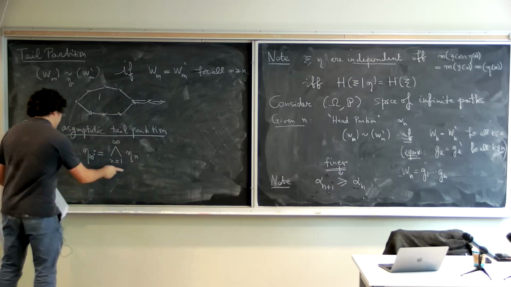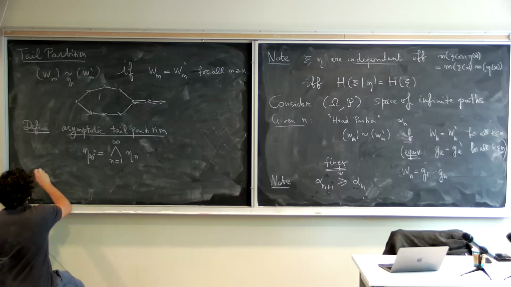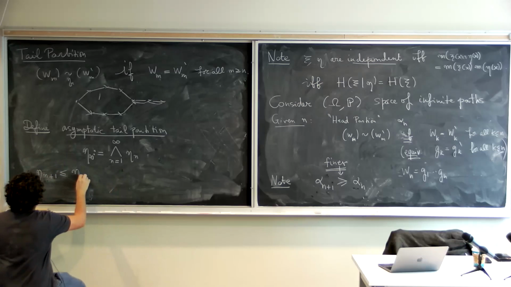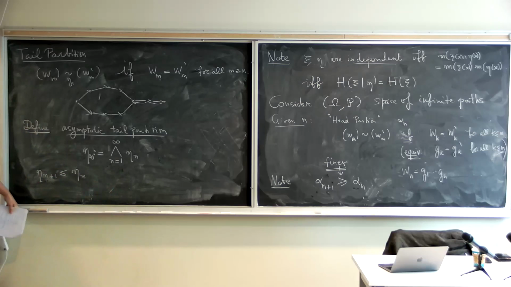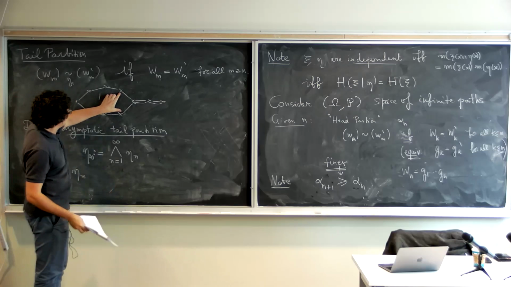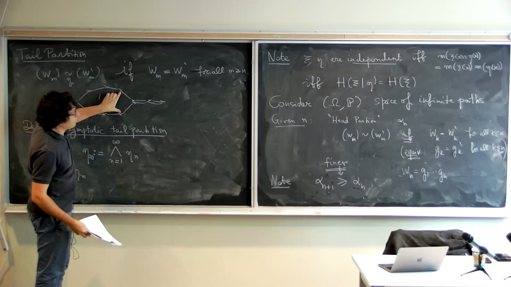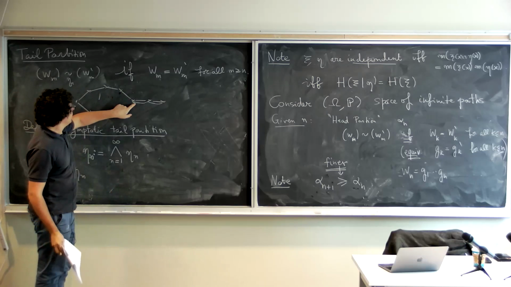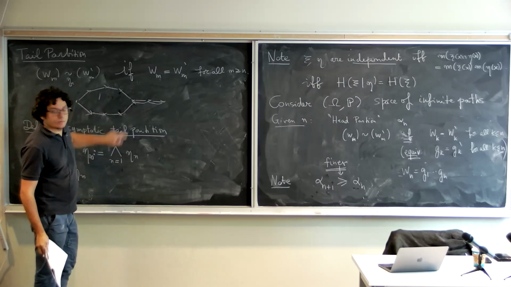So what's going on here? If you look at eta n plus 1, this is coarser than eta n, because two elements could be different at step n and become the same at step n plus 1.